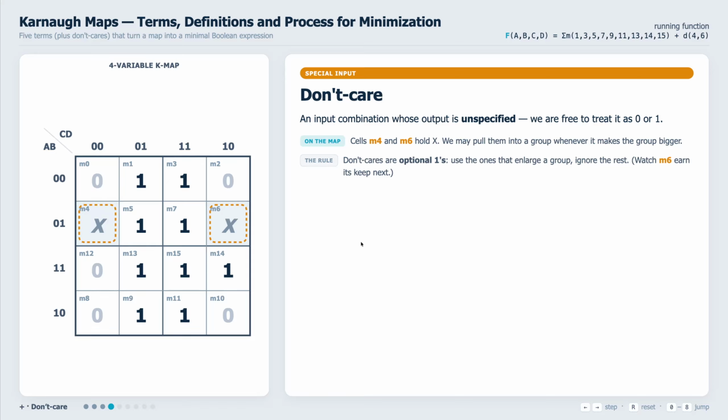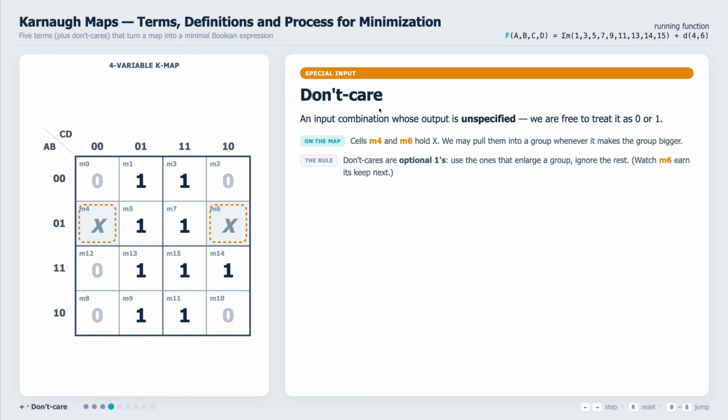And if that input can't happen, it doesn't make sense to specify what the output would be. Or it might be that these input combinations can happen, but we just don't really care what the output would be for those combinations. It might not be relevant for our particular problem at hand. This is abstracted at this point while we're talking about it. You'll see examples of don't care conditions as we work through examples in the course.